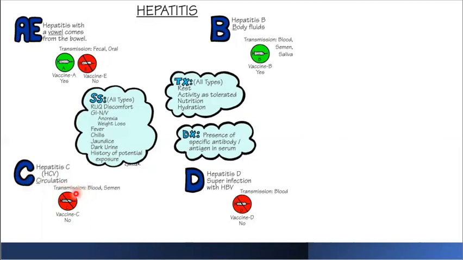So again, I know it has to do with transmission through blood, bodily fluids, semen. So again, contact with blood and body fluids like semen during unprotected sex, even mother-to-child transmission, or even needle stick injury, or maybe IV drug users sharing needles.